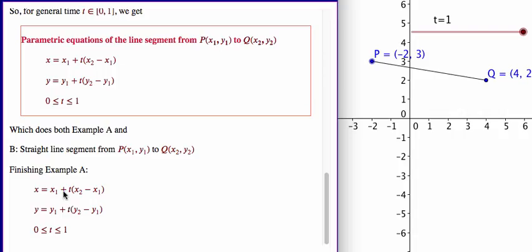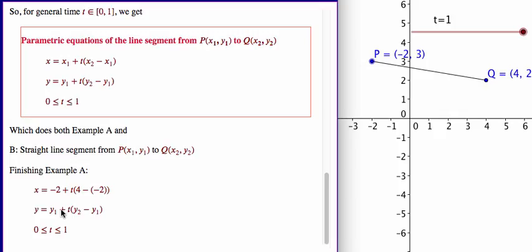So all I have to do is substitute for x1 and x2. So for x1, I'm going to put in -2. And x1 again is -2 in the right-hand piece of the formula, so I'll put that in parentheses. x2 is 4. So put that in.